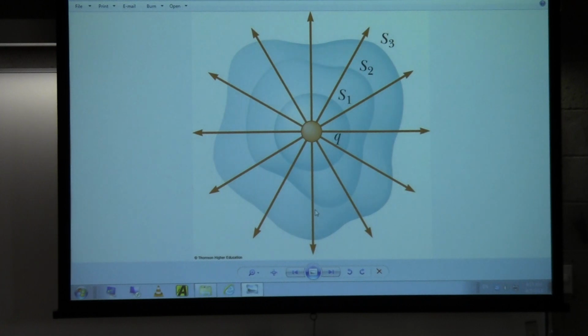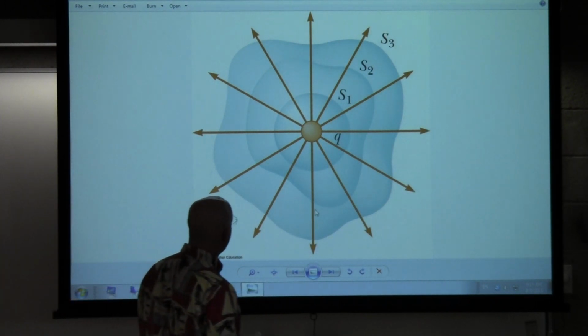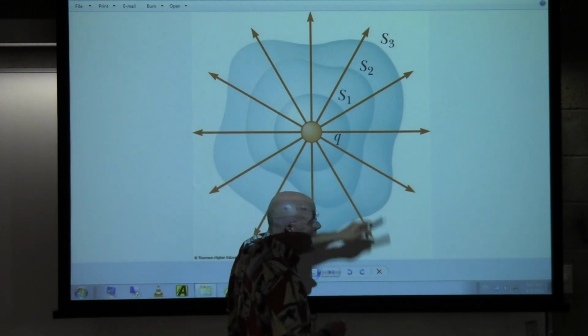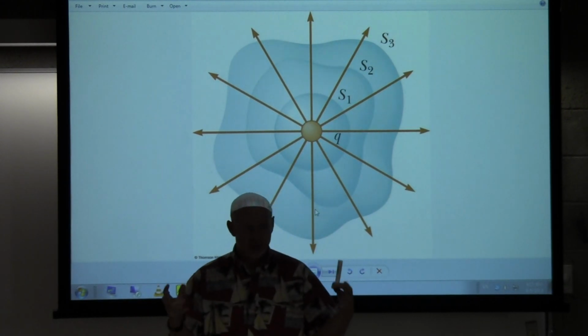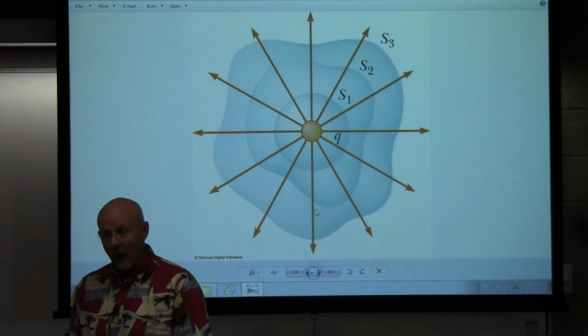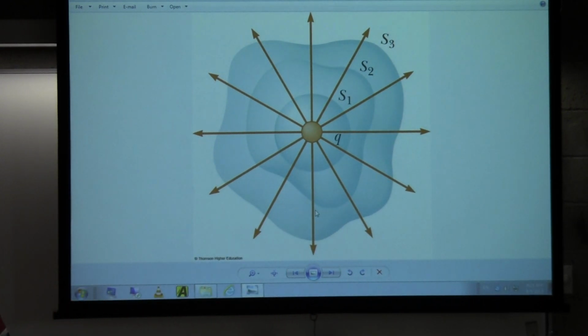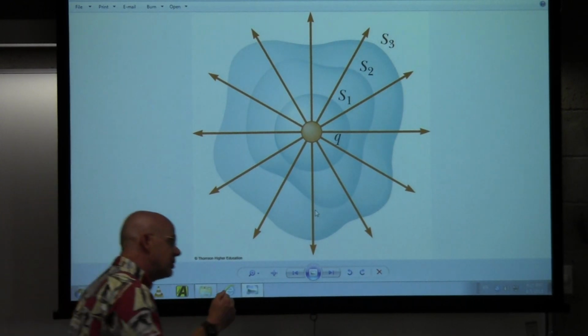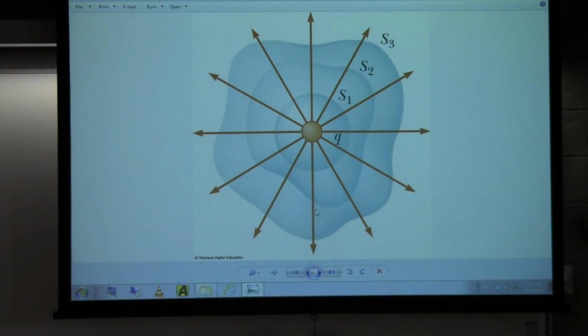This picture shows a positive charge inside and here is an example of flux coming only out, not in.